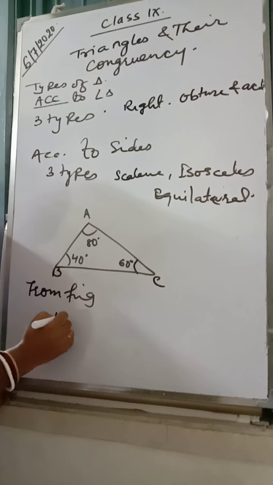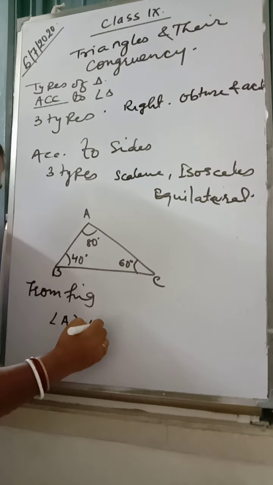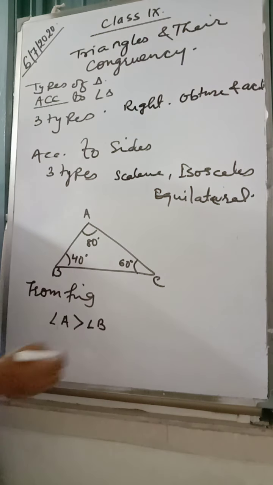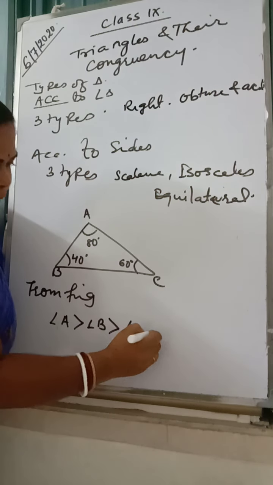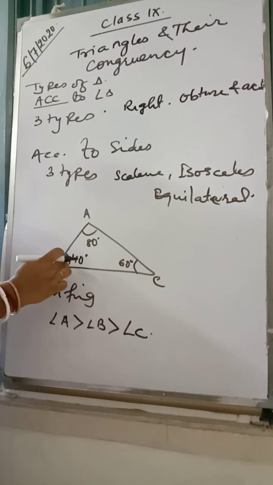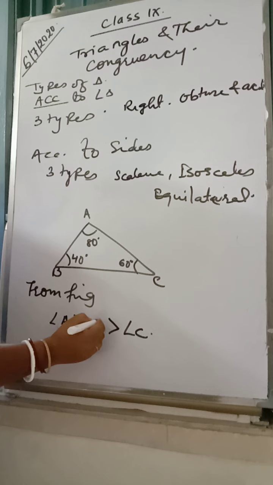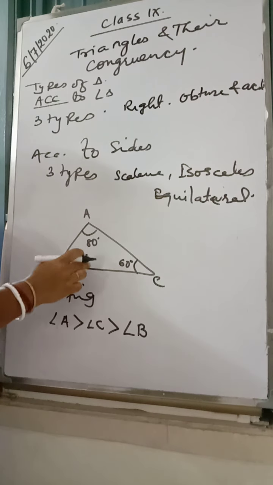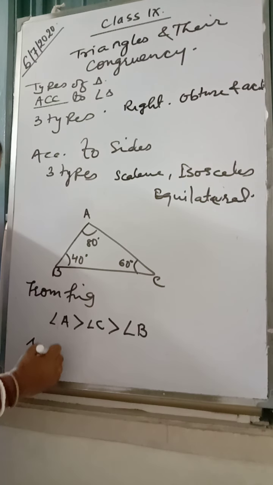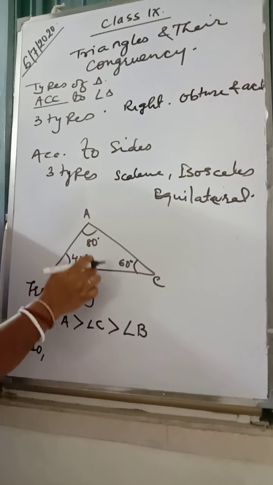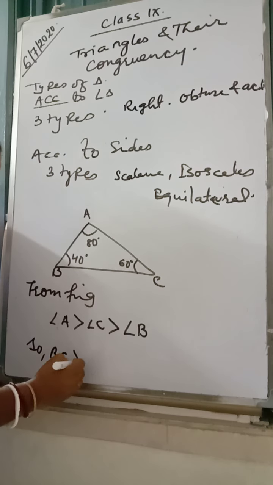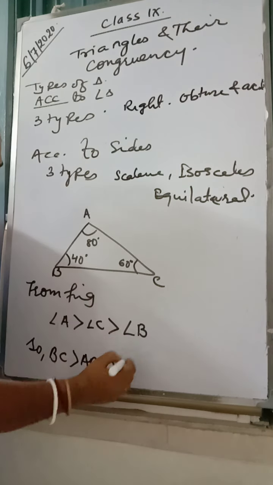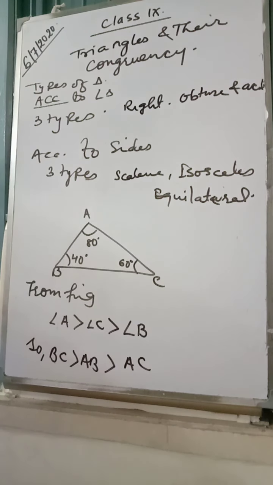We can see angle A is greater than angle C, and angle C is greater than angle B. So opposite to A is what? Opposite to angle A, which side do we have? BC would be greater than AB, would be greater than AC. Means the greater angle has a greater side opposite to it.